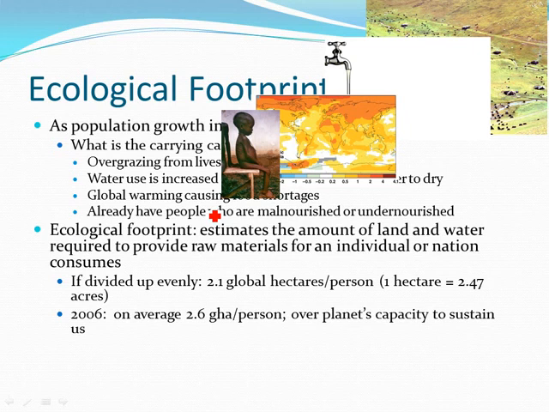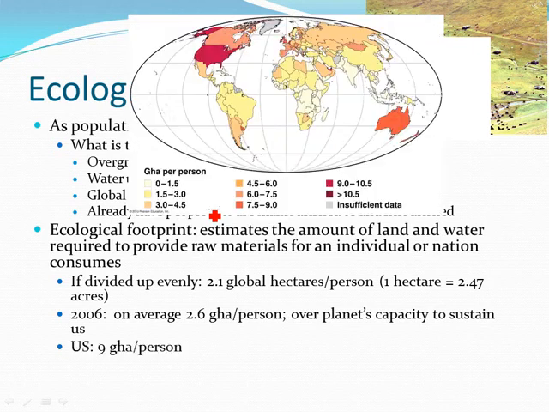And then in the U.S., one person tends to use 9 global hectares. So it means that we're unevenly using up a lot more land than what the Earth can even provide for us. Over 4 times the amount.